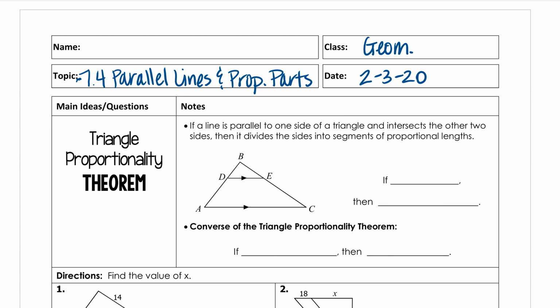So, first off, the triangle proportionality theorem says that if a line is parallel to one side of a triangle and intersects the other two sides, then it divides the sides into segments of proportional lengths.